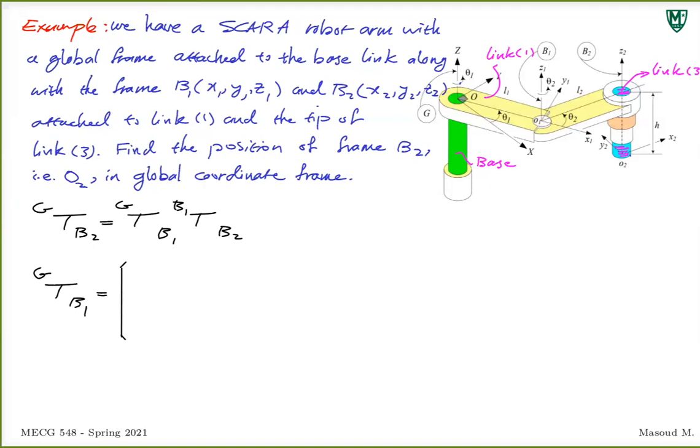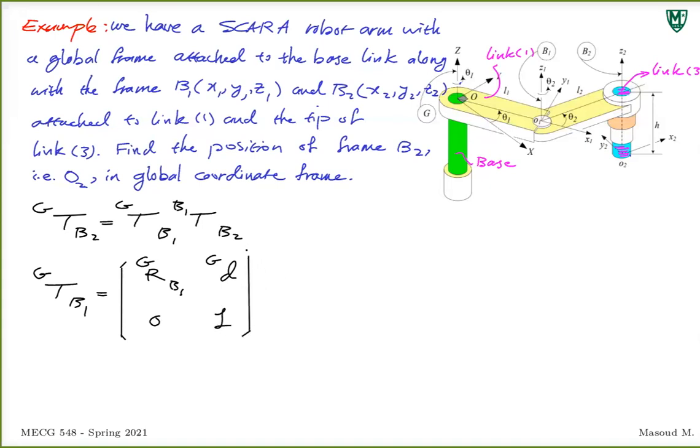The transformation matrix is basically a combination of what we know from before. The rotation matrix, R B1 in G, and then DG, the origin of B1 in G, with 0 and 1.